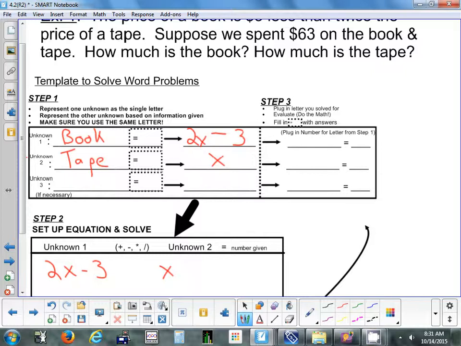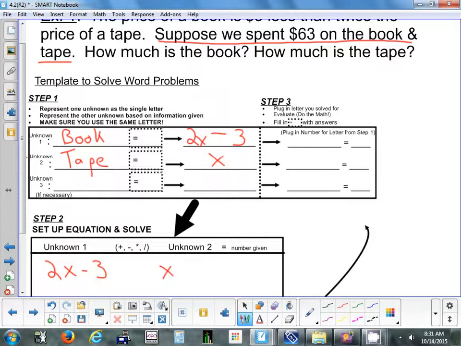Here are our choices: add, subtract, multiply, divide. Which sign? Now I'm looking at that second sentence: suppose we spent 63 on the book and tape. That's what I need to use now. So what operation is going to separate those two unknowns? Corey says addition.